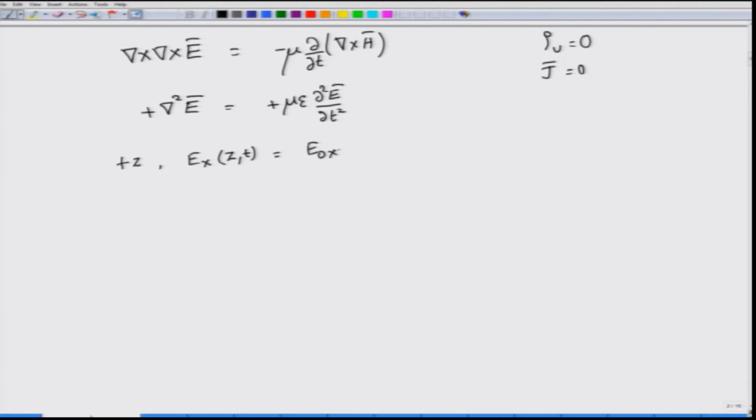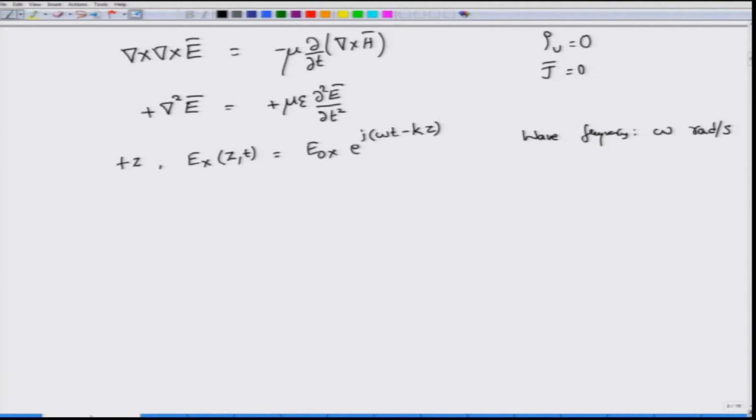So, we can write this as E0x, and then you have e to the power j omega t minus k into z, where we have assumed that this is a wave whose frequency is given by omega. This is the angular frequency, so this is radians per second.